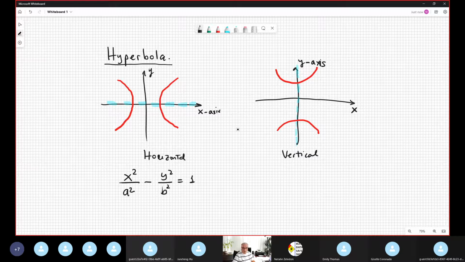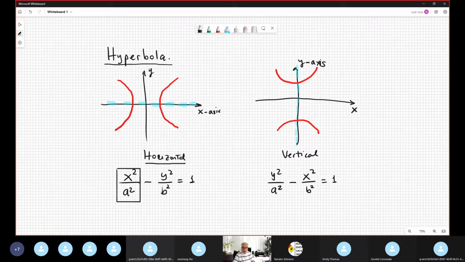Look, let me show you the formula for the vertical. The formula for the vertical is y squared over a squared minus x squared over b squared equal 1. I don't care who is the bigger; it's no idea for the classification. When the positive part of the hyperbola is associated with the x, that's the horizontal hyperbola.